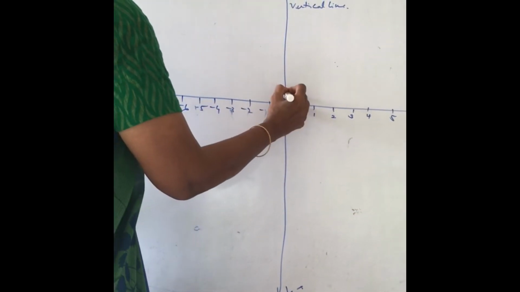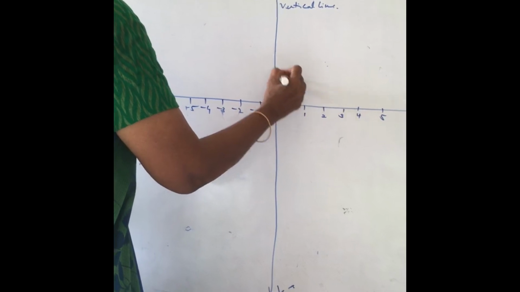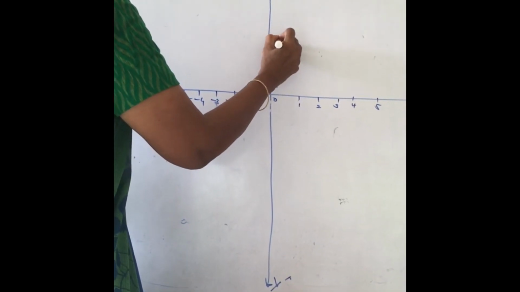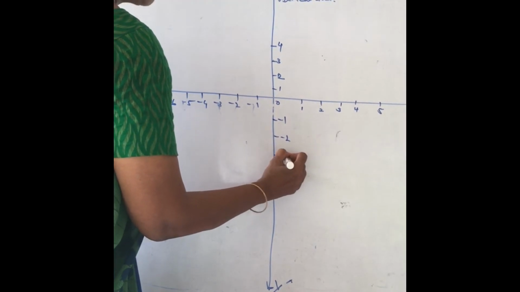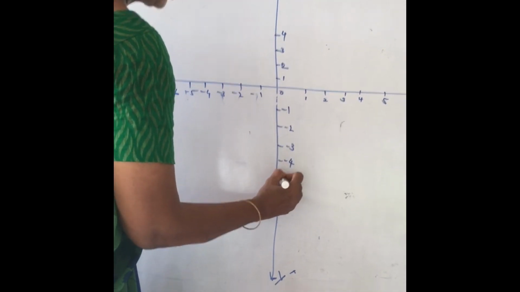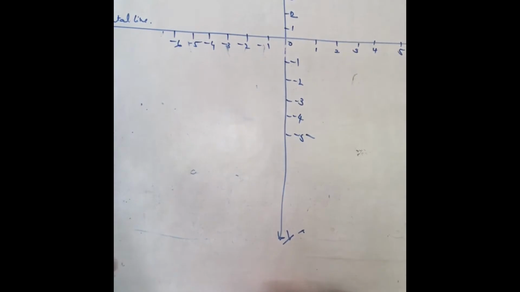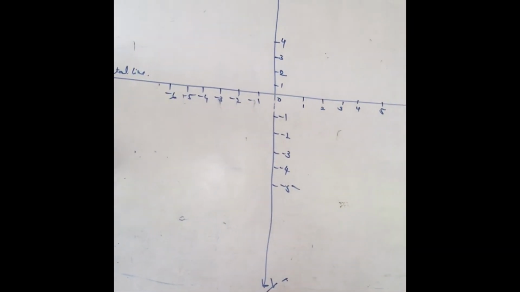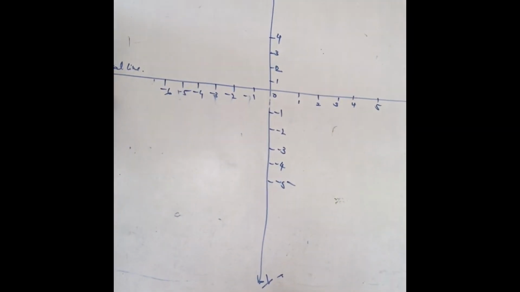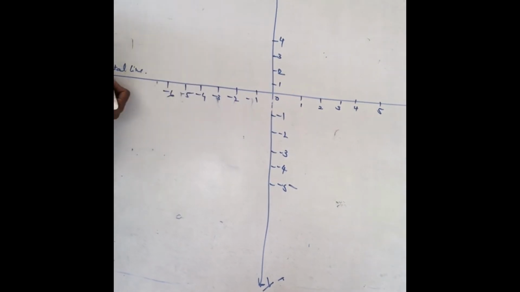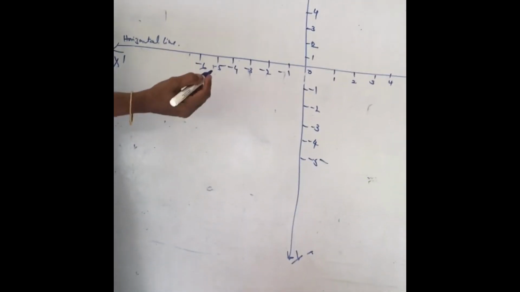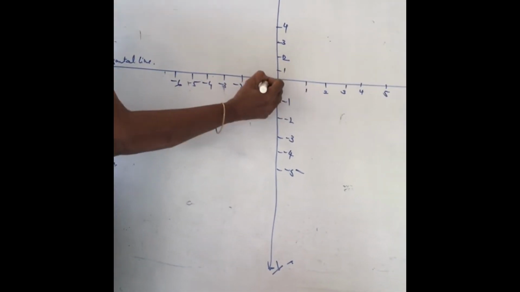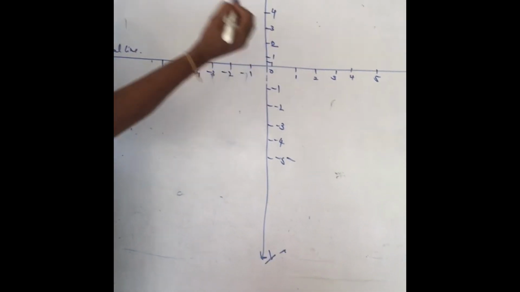Above 0, Y is positive, and below 0, Y is negative. Horizontal line is x-axis. Vertical line is y-axis. Both the axes are perpendicular to each other.